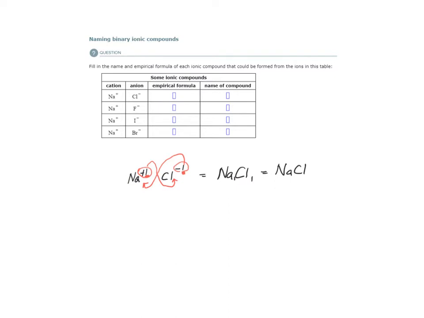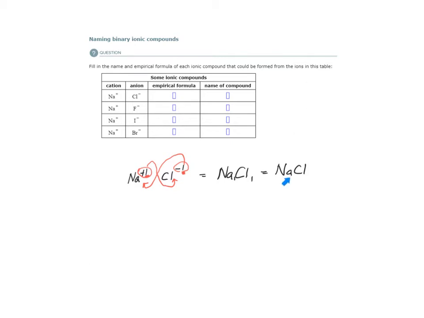Well, the answer is we have to think about, by definition, what a compound is. By definition, a compound is similar to what we have said about the definition of an atom. An atom is neutral. A compound is also neutral. So in order to be neutral, this ionic compound made up of cations and anions must have the charges of the cations canceled by the charges of the anions.